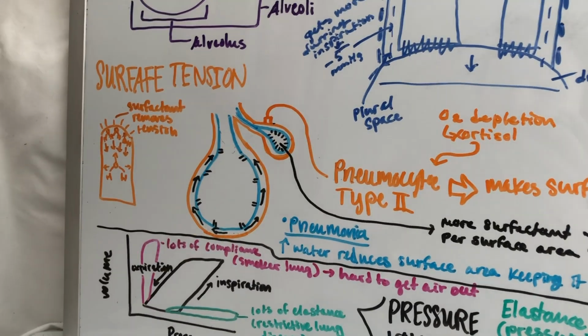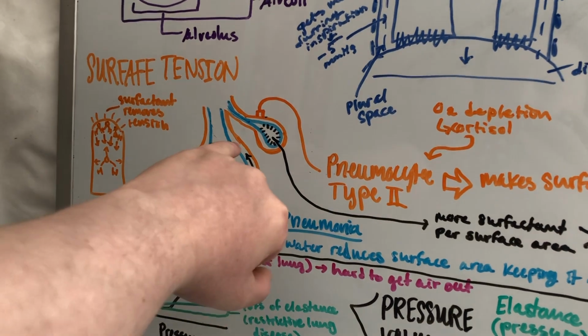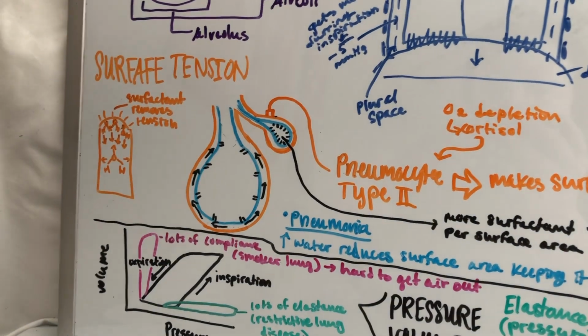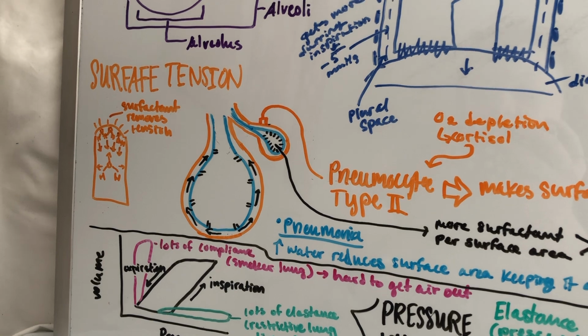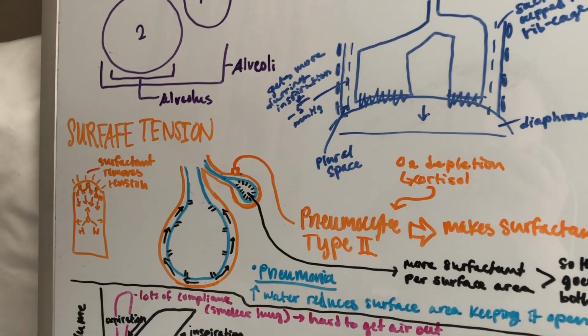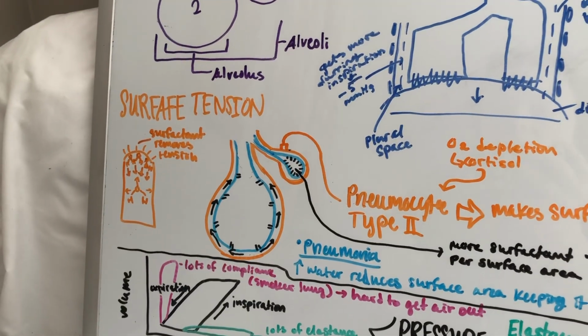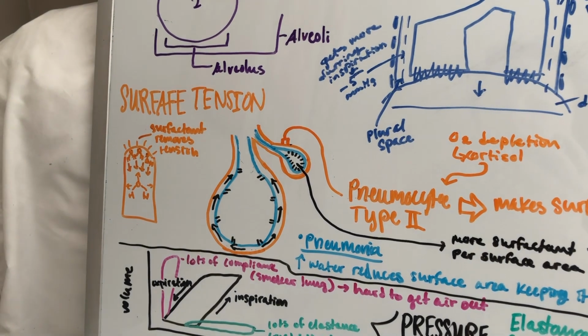However, on this side, we're going to need more surfactant because it's such a smaller area. So to counteract the space difference, it counteracts by creating more surfactant for that area, so you have the same amount of surfactant per surface area.